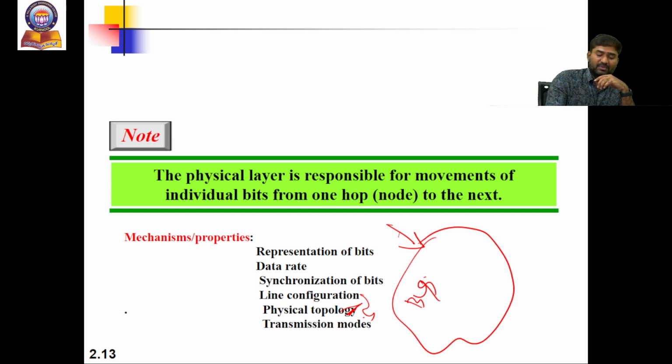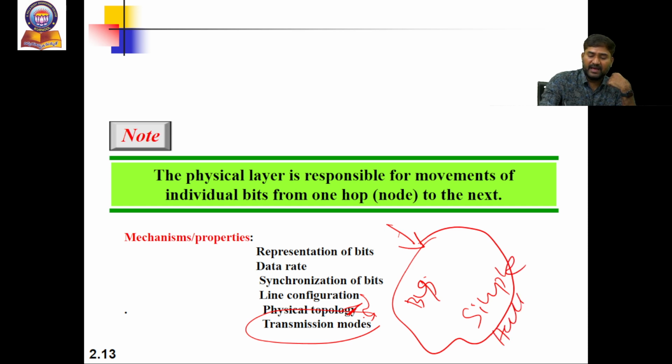And what about the transmission modes? Is the topology following simplex, half duplex, or full duplex? Just recall what you did in the previous sessions, there are three different types of transmission modes: simplex, half duplex, and full duplex.